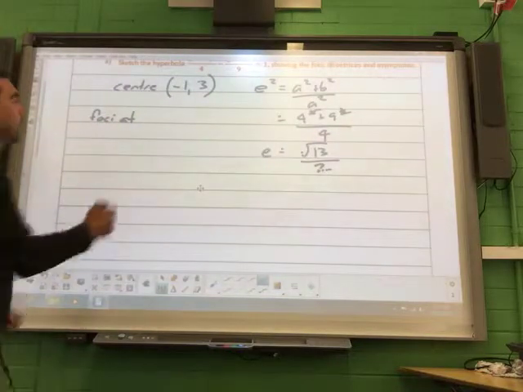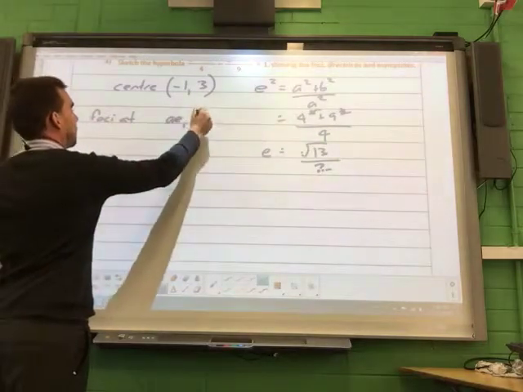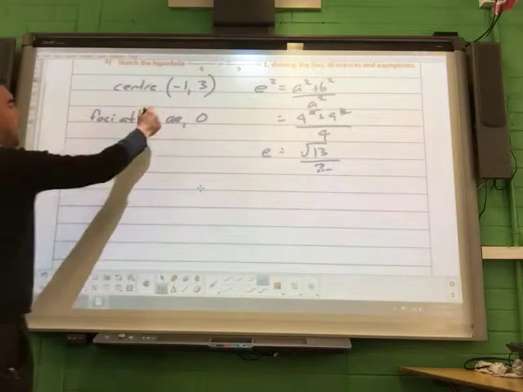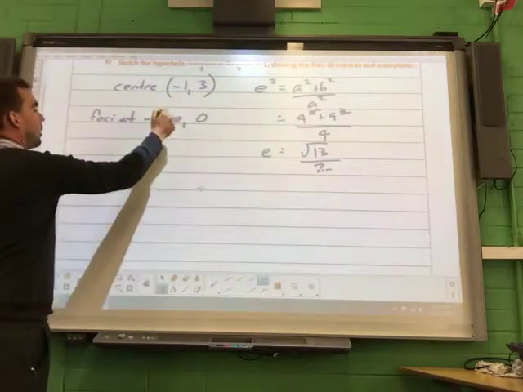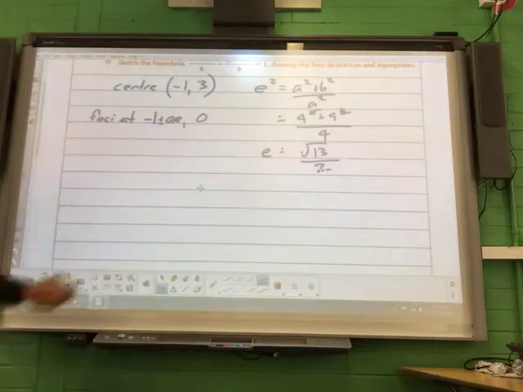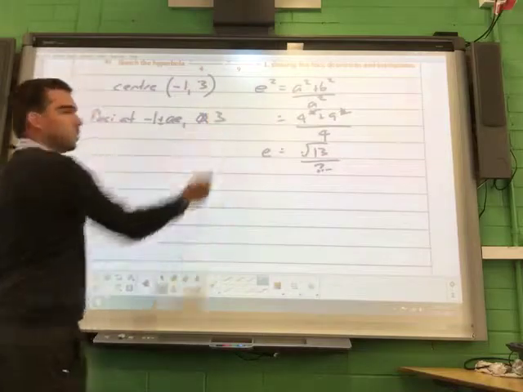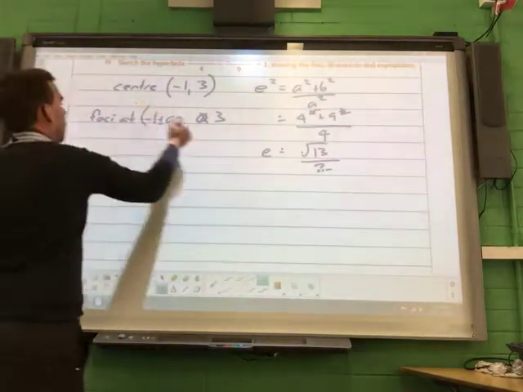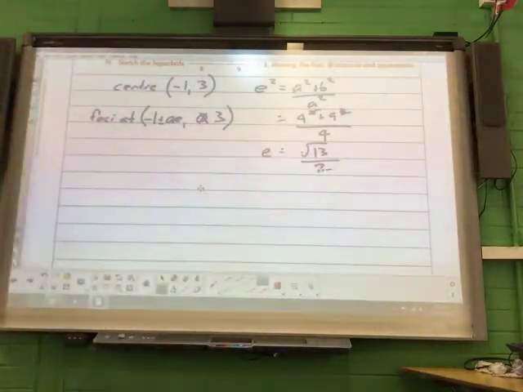Yep, so normally it's AE, comma 0. However, we've got the shift from the centre, so we're really going to be at -1 plus or minus AE. So we're going to go either side of the x value, and then the y value is going to be the same as the y value of the centre of your hyperbola.